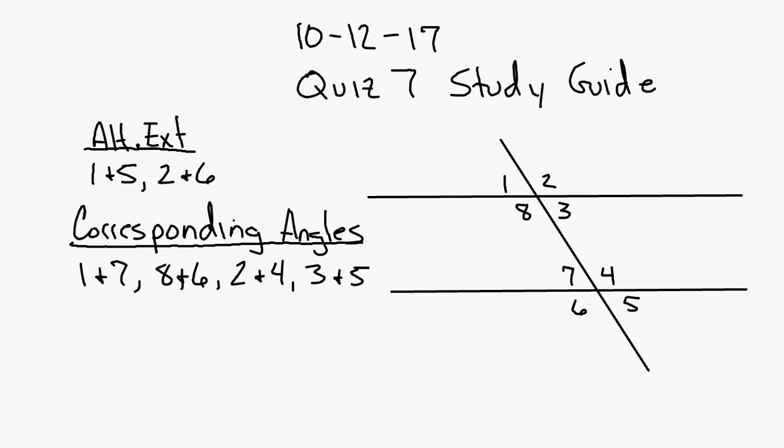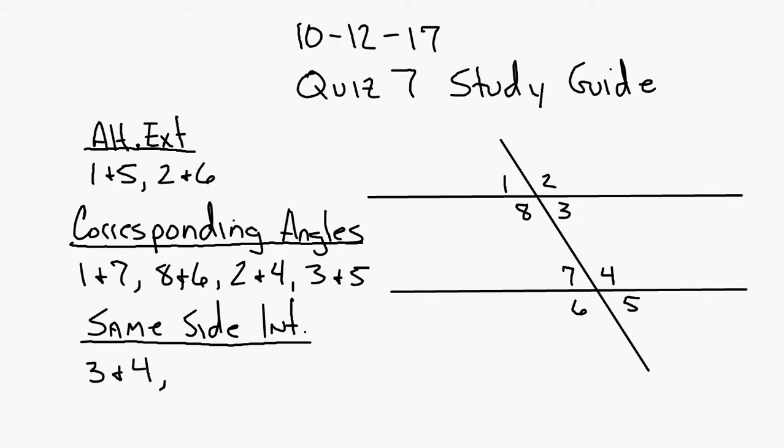It's not in here, but it may be on tomorrow's quiz, because when I push the button to change the values in the question, they may ask for same side interior. All right, how about a pair of same side interior angles in this picture? 3 and 4, very good. And Isaiah, what's the other pair? 8 and 7.